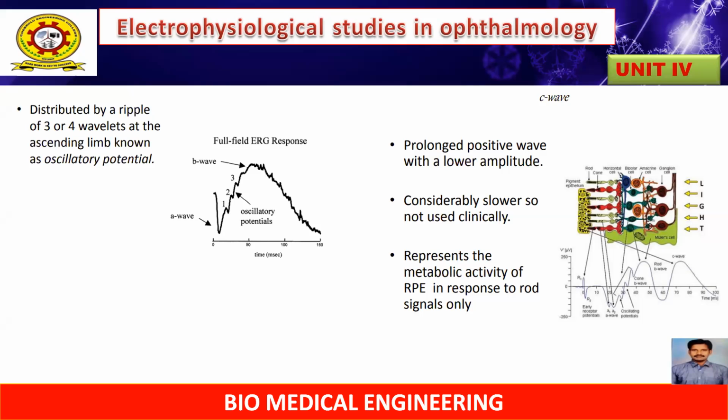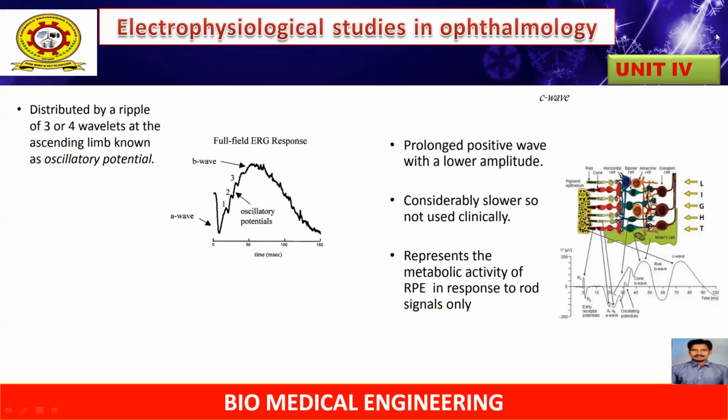The optical cells reproduce the light as an electrical signal to the brain. That will represent the metabolic activity of the RPE in response to the rod signals. That is represented in the C wave function.